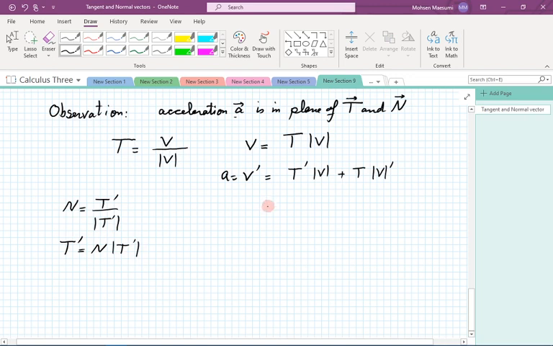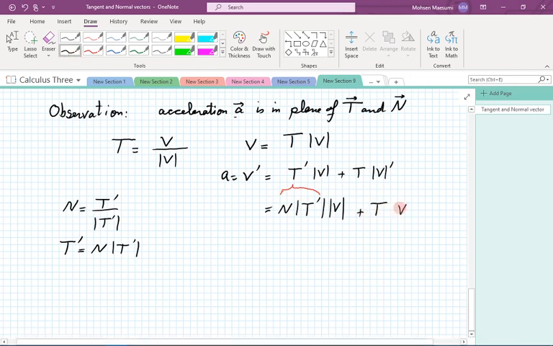So let me put it back here. Instead of T prime, I'm going to put N times the absolute value of T prime, and then the rest I just leave alone.